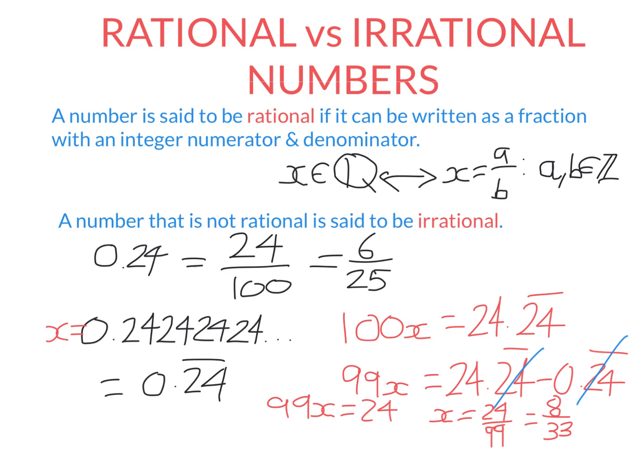So we can update our understanding of irrational numbers to include the numbers that cannot be written as either a terminating or recurring decimal. Irrational numbers, their decimal expansion goes on forever because it's not terminating, but there's no pattern in the decimal expansion because they're not recurring.